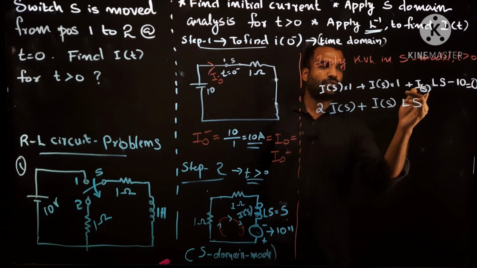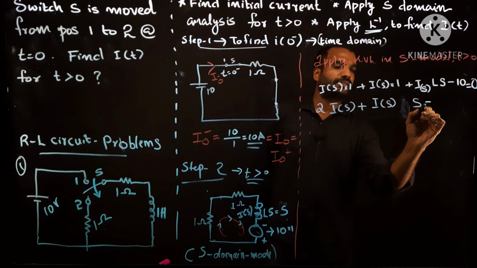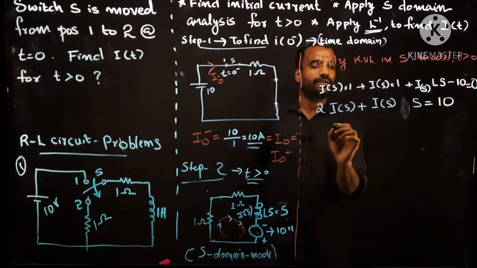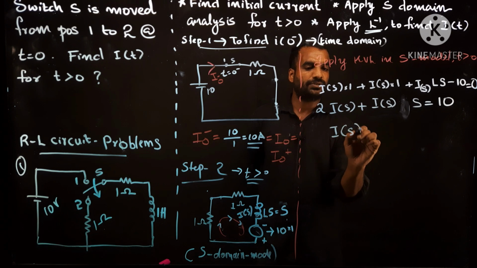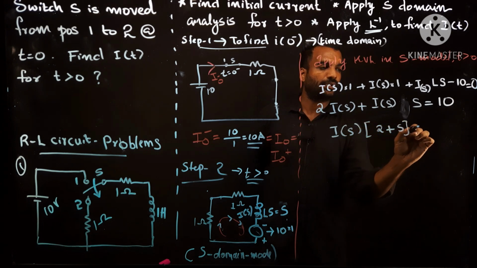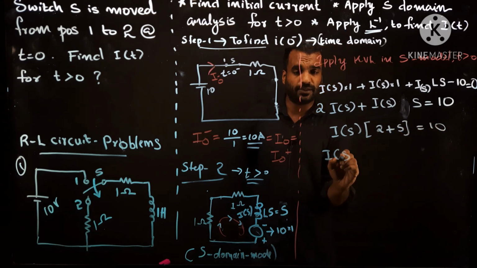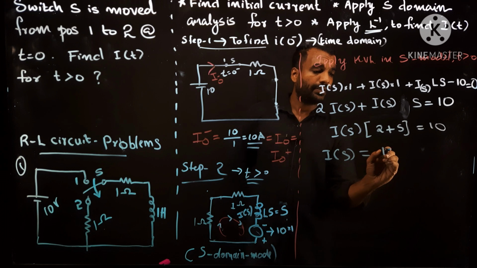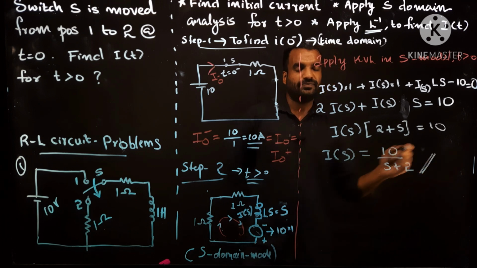So Ls is equal to 1 into S, so I can avoid this L. That is equal to 10. If I take I of s outside, 2 plus S is equal to 10. So I of s is equal to 10 by S plus 2. This is one answer.